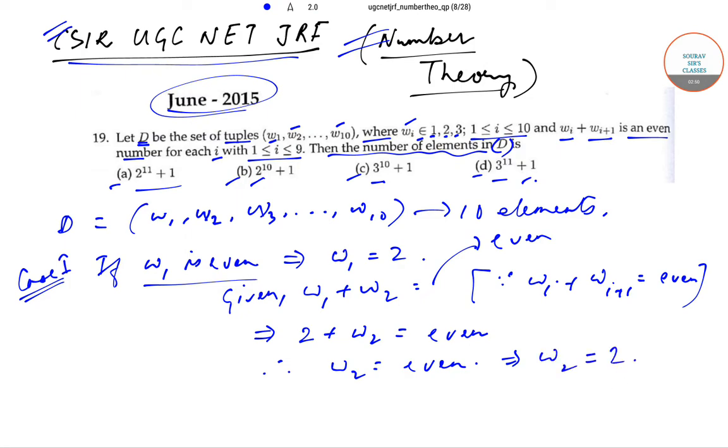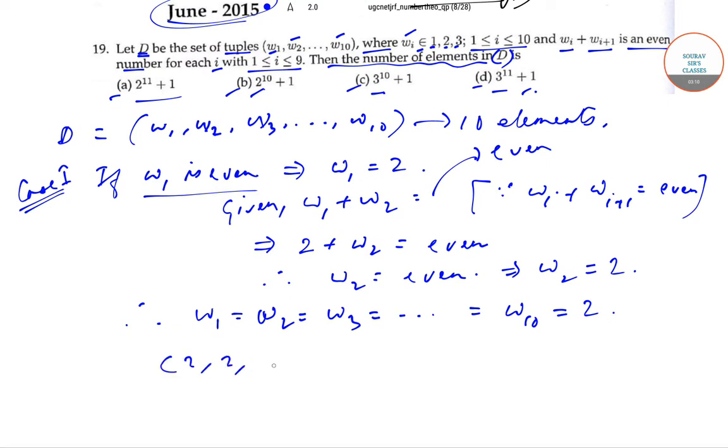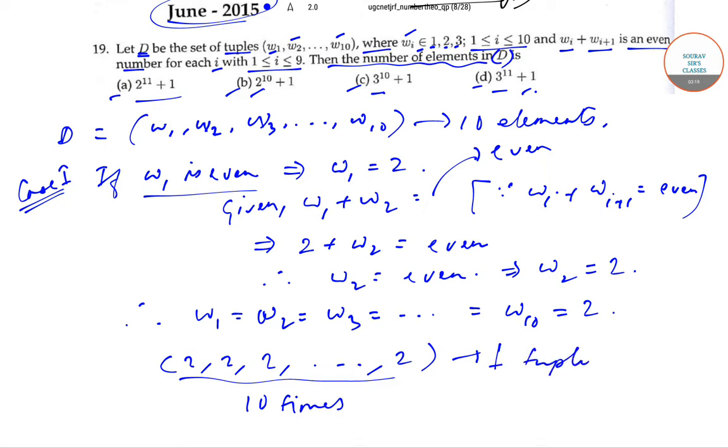If we extrapolate it, W1 will be equal to W2, which will be equal to W3, and every term will be equal to 2. So the possible tuple will be 2, 2, 2, and 2, 10 times. Therefore this is one tuple which satisfies the conditions given in the question. This is one tuple from case 1.